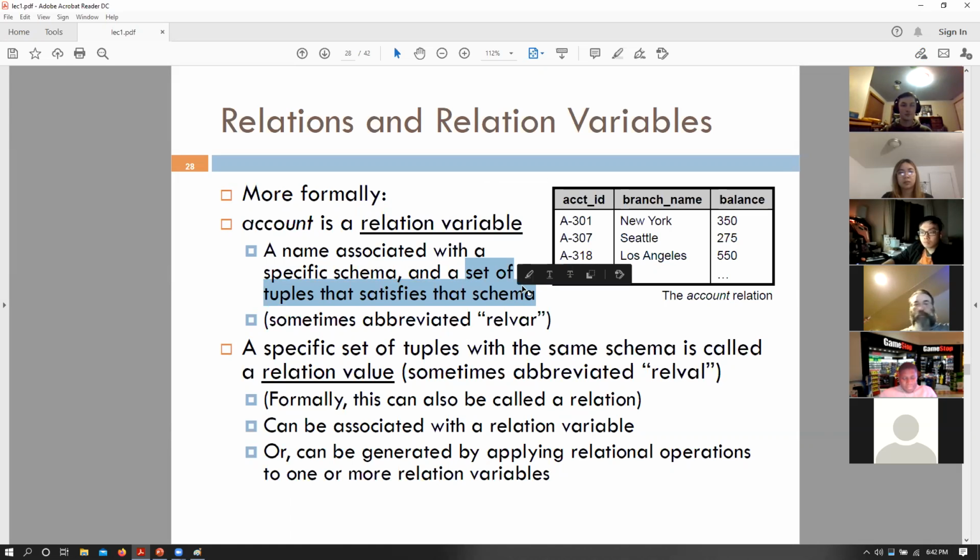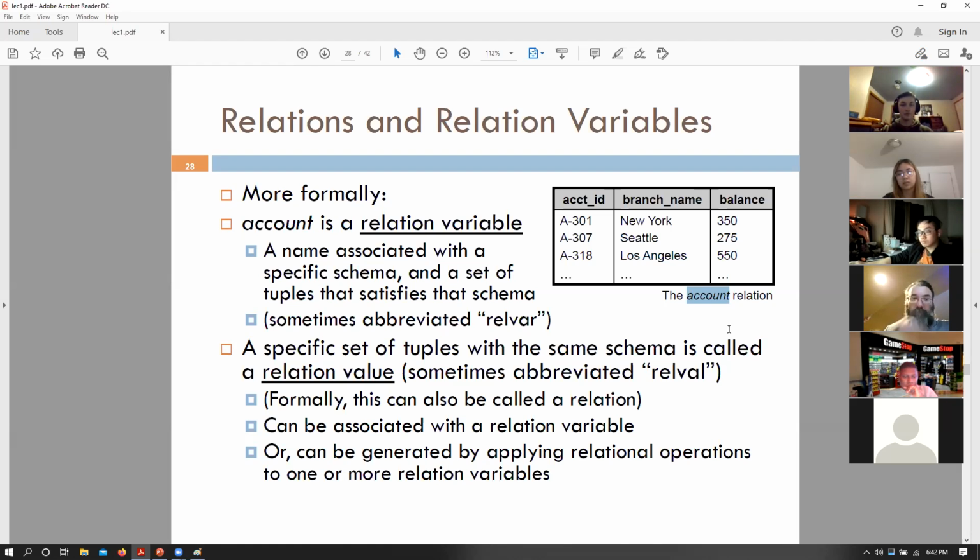That schema has three attributes: account ID, branch name, and balance, right? So this account is a relation variable from a particular schema, and all of its tuples satisfy that schema. Sometimes a relation variable is abbreviated to relvar. I might talk about relvars, and that is what I mean.